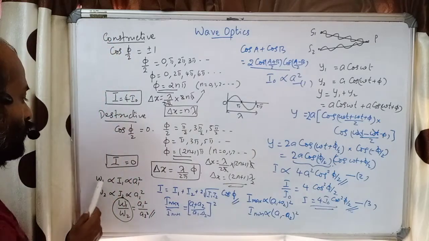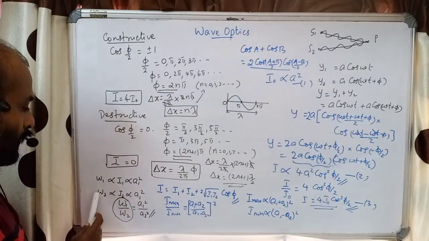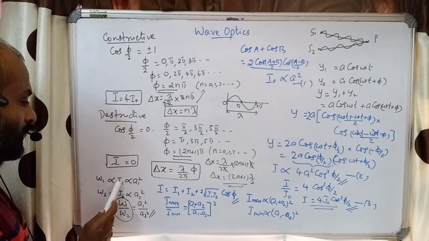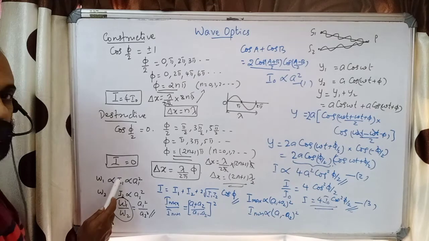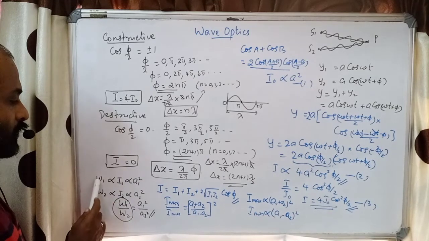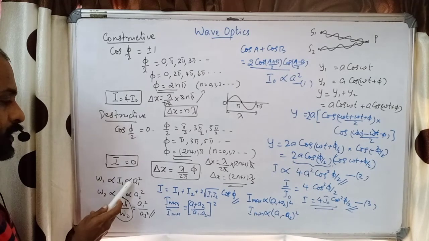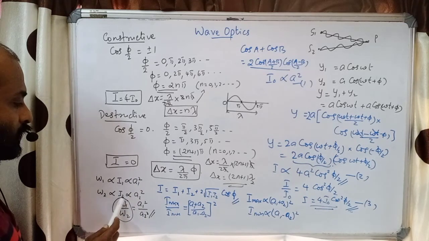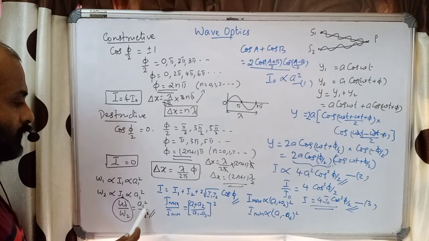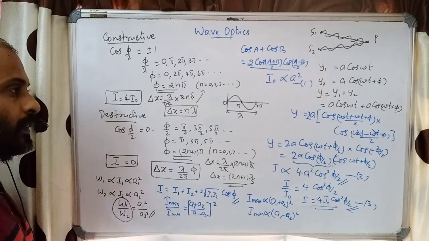The width of one slit is W1 and W2 is the width of the other slit. The intensities of light from these two slits are I1 and I2. So width is proportional to intensity, which is in turn proportional to amplitude square. When you take the ratio, W1 by W2 is equal to A1 square by A2 square.